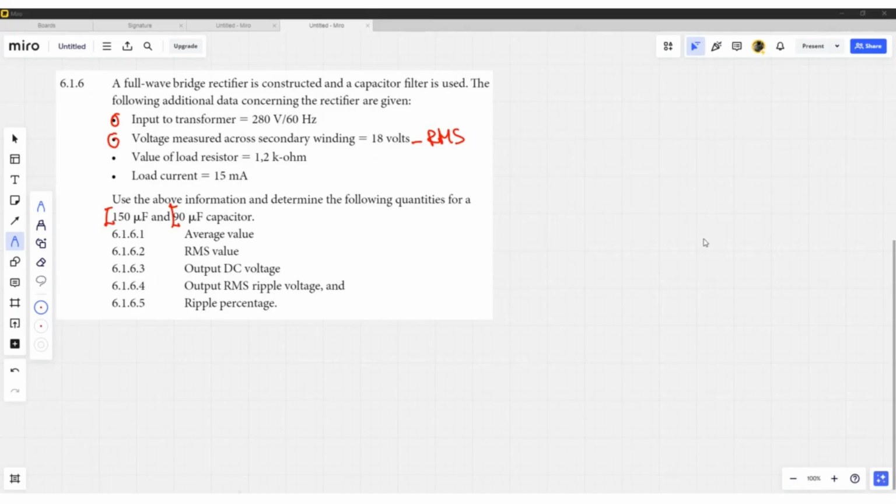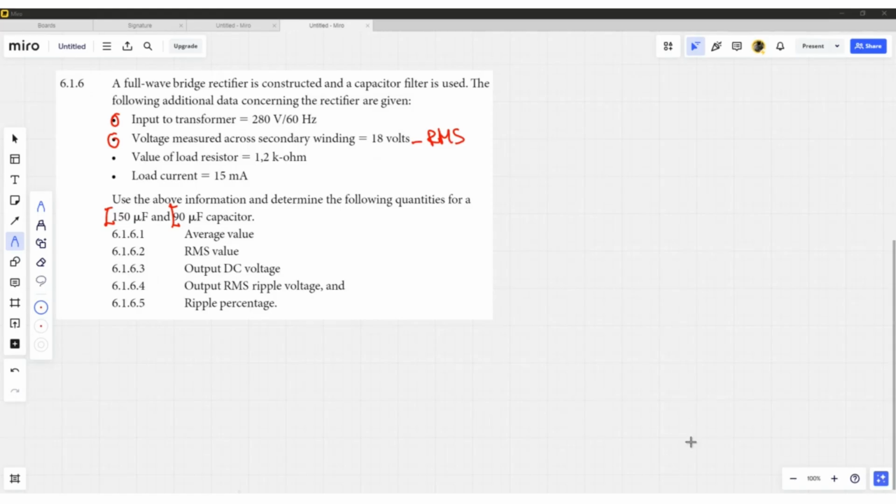Let me just find that formula real quick. Yeah, okay, that is for the capacitor filter. Okay, in any case, we are working with a full wave rectifier, so I'm just going to copy that formula in.